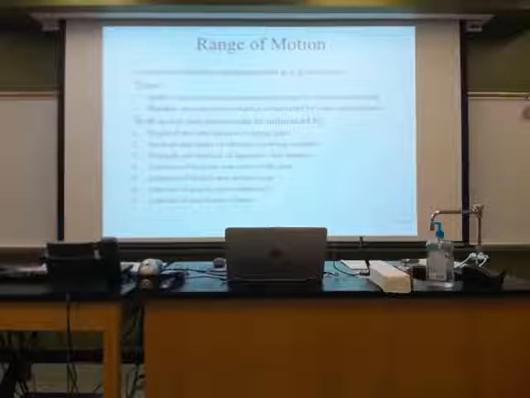So we've got the joints that we classify as no movement, all right? We classify joints that are little movement, and we classify joints as freely movable. That tells me every single joint that's existing in my body has a range of motion.